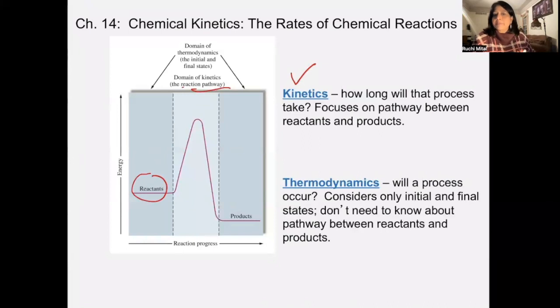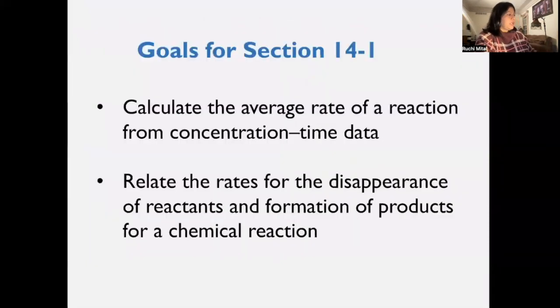Sometimes it could be 1 step, 2 steps, 3 steps, or many steps. While thermodynamics is only focusing on will the reaction occur. And so it is only dependent on the initial state, that is your reactant, and your final state, which is your product. So it's important that we understand the difference. We'll be learning about thermodynamics later on in our unit 7.